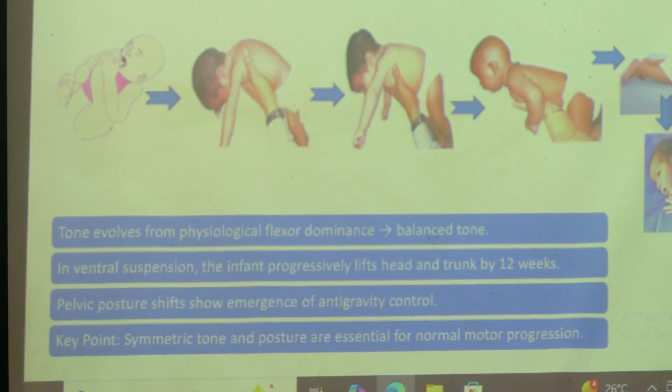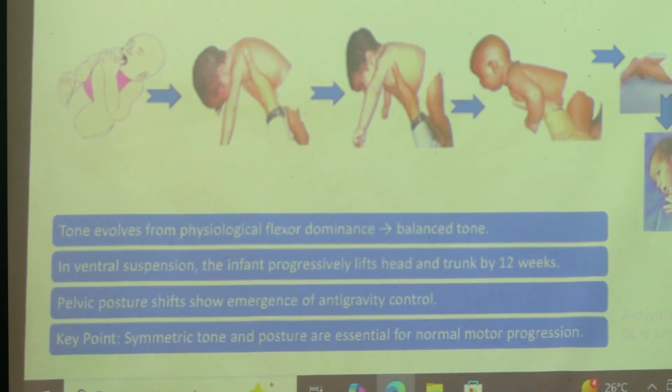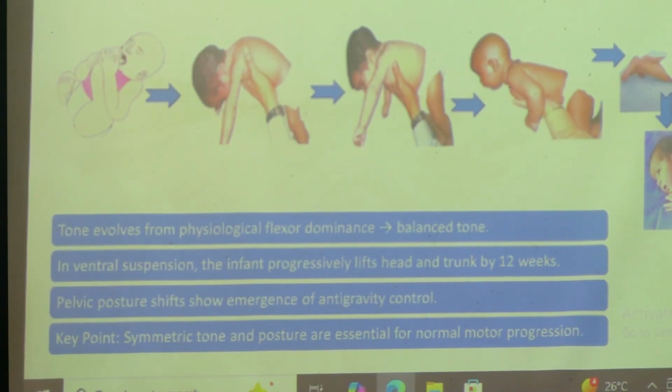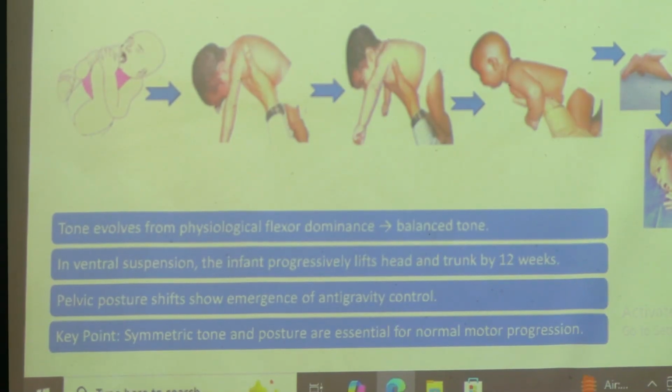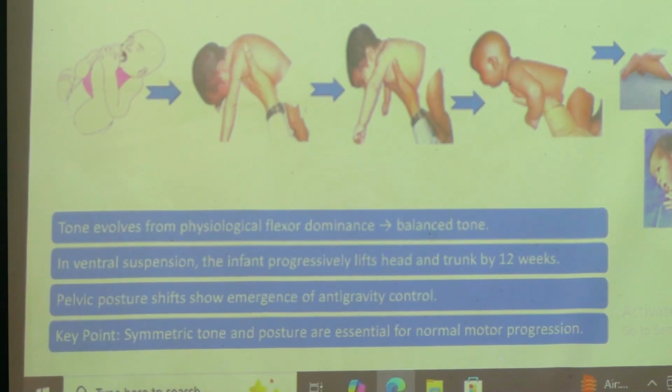This is normal for 2 weeks. But at 6 weeks, he will be like this. He will straighten his pelvis. So if the baby can straighten his pelvis, you can assess that this baby's developmental age is 6 weeks. If the mother tells you that chronologically the baby is 6 weeks, then it's normal development. Understand? In this way you will assess. Understand my point?